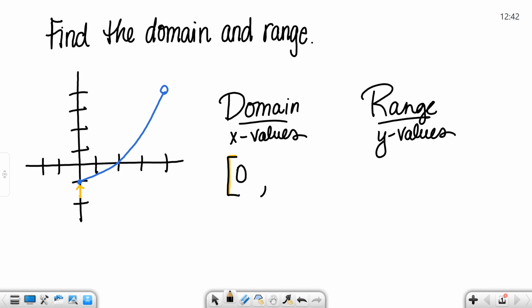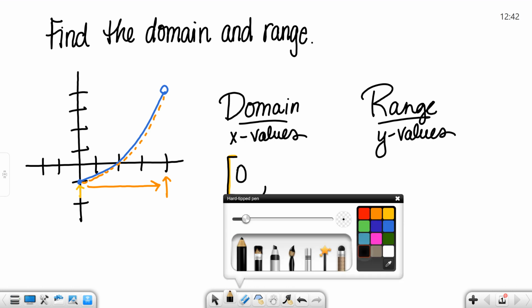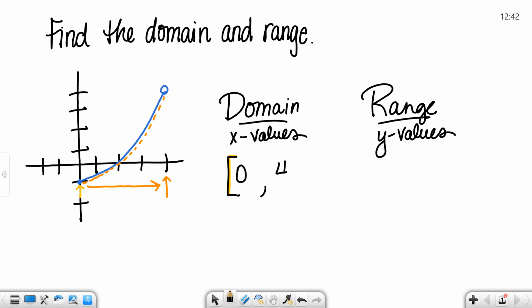And then if I travel along to the right along this blue curve, that puts me at this x value. Well, that x value is 4.